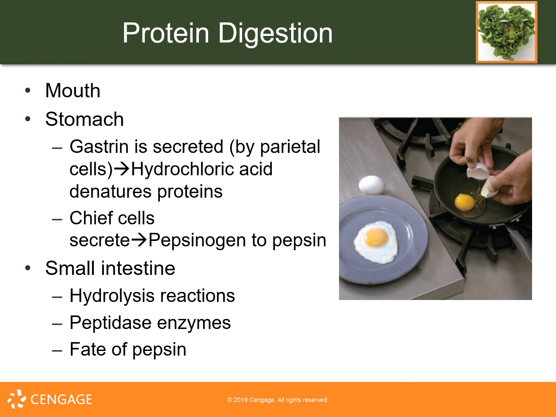Again, we store some enzymes in the body in inactive forms because they can erode the walls if they were activated all the time. So pepsinogen is just the inactive form of pepsin, and it's converted to pepsin just with the presence of hydrochloric acid. Then in the small intestine, hydrolysis reactions occur in which it breaks up any type of polypeptides or dipeptides into single peptides.